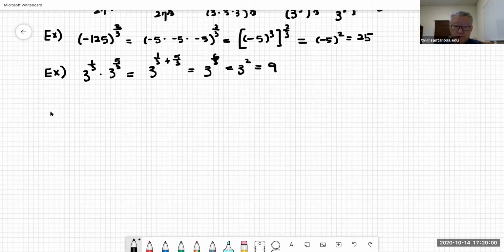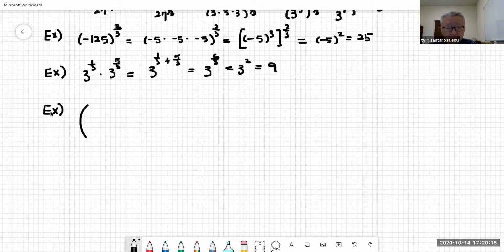All right, so we are going to apply all these exponent rules here, and I want to show you a challenging problem. So let's try one of those. Okay, so here is the problem.